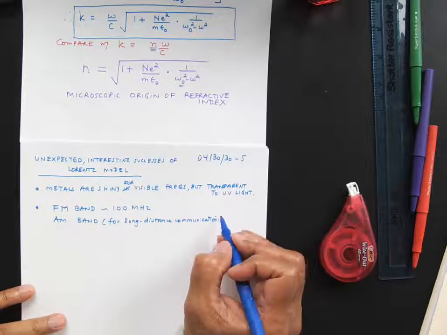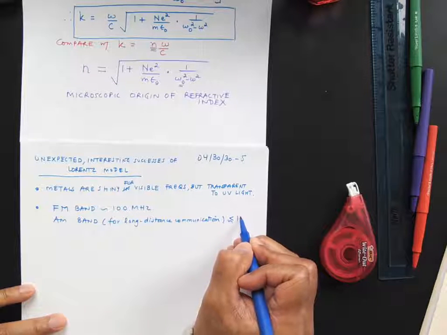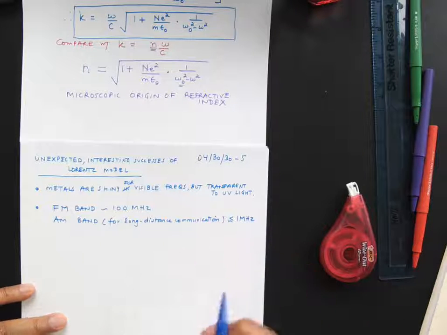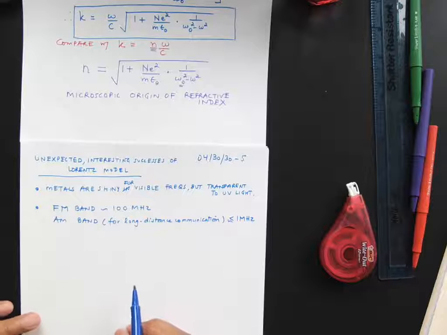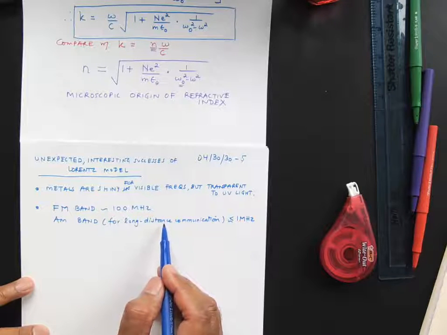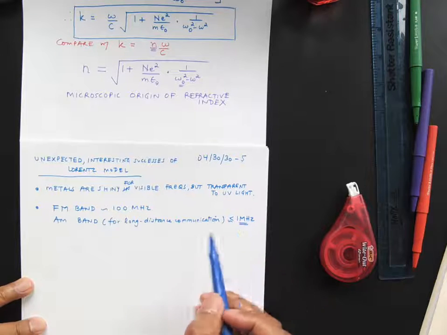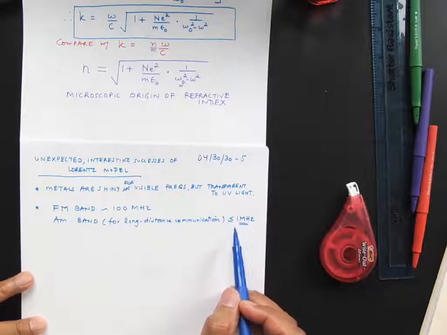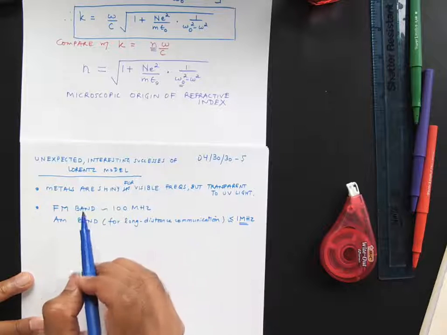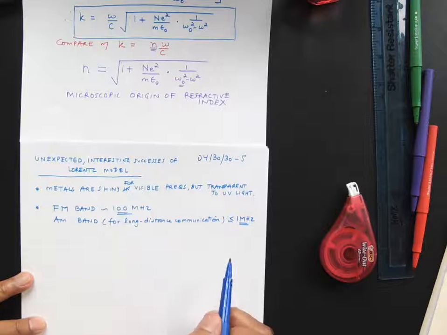And that is less than a megahertz. So this is used for long distance communications, and there's a reason for this. Only these low frequencies will be able to travel over long distance. Meanwhile, these frequencies are only good for local transmission.